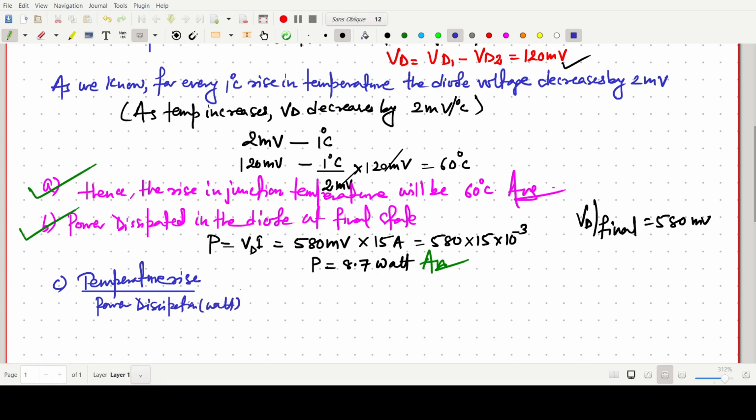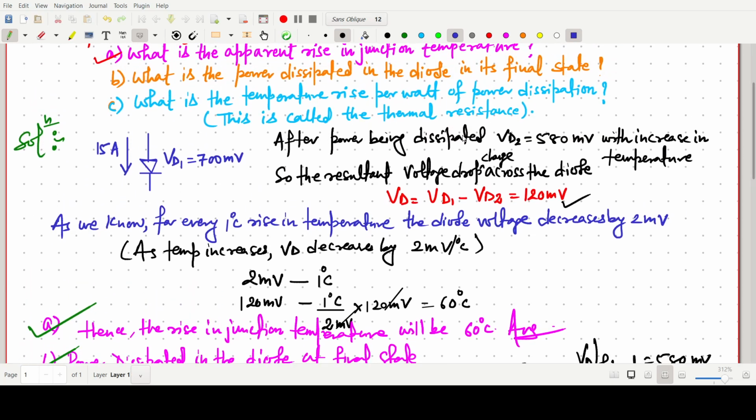This one is called our thermal resistance. Once again I am showing you the question. It is also given: thermal resistance. What is the temperature rise per watt of power dissipation? Means temperature rise divided by power dissipation.